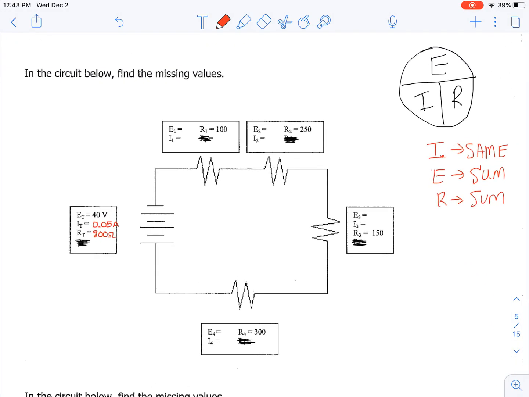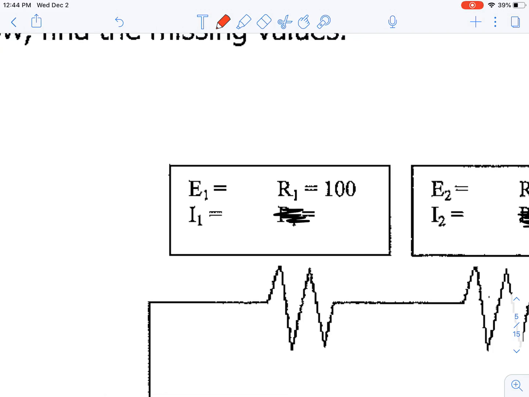And what do we know about I? Well, we know that I is the current and that it stays the same throughout the whole circuit. So that means that in every one of these branches, it is also 0.05.